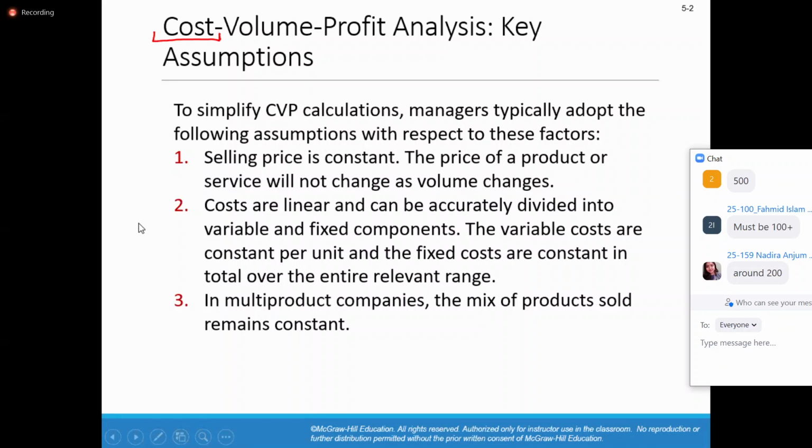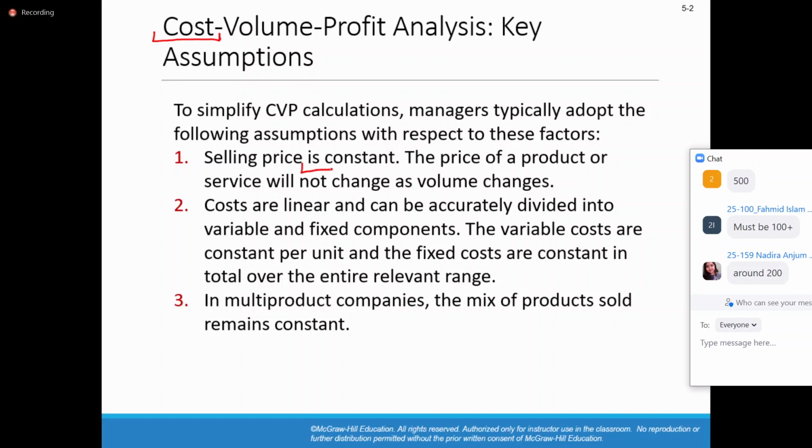Okay, before proceeding with the CVP analysis, let me share some assumptions which will be useful to understand the discussion going further. The first assumption we need to make is that the selling price is constant.